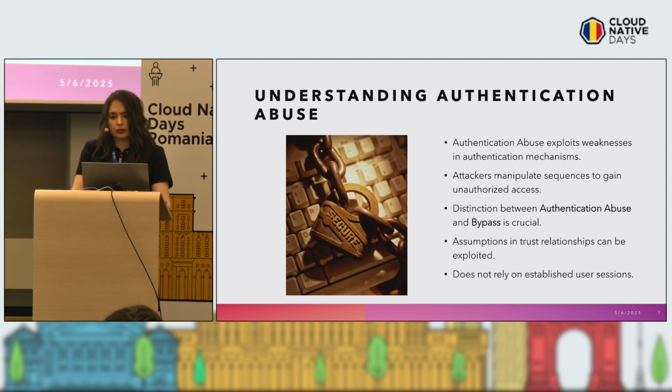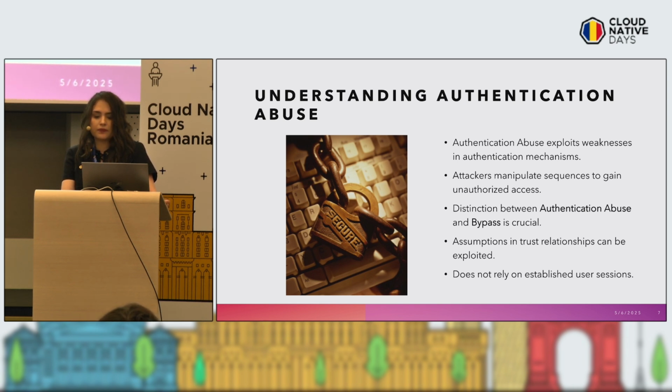Then I'd like to cover some common vulnerabilities. Authentication abuse. This is especially relevant in web applications. This type of abuse targets flaws in how authentication is implemented. This is different from the bypass. Imagine a web app where the user wants to reset their password and gets the password link by email.